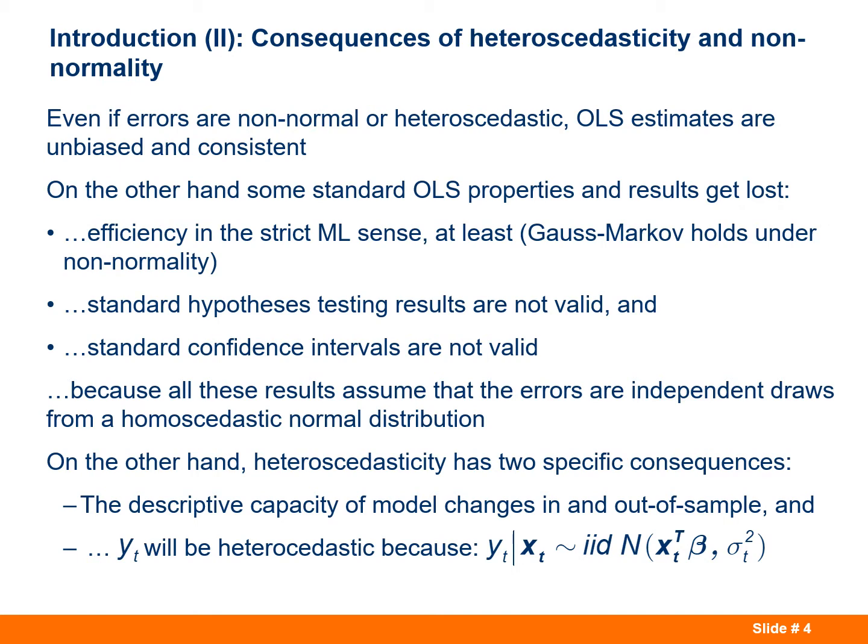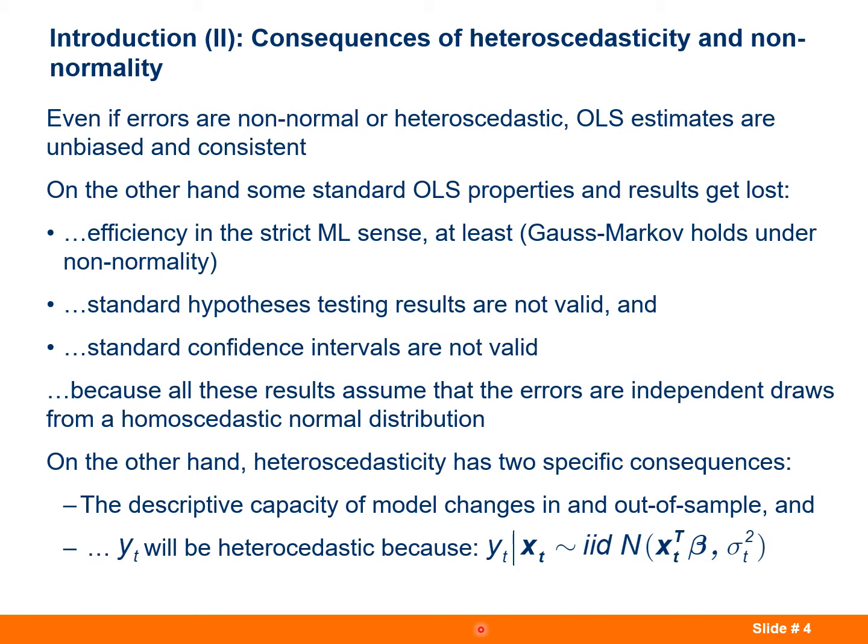This happens because these three results, efficiency, standard hypothesis testing, and the standard confidence interval, assume that the errors are independent draws from a homoskedastic normal distribution. However, when you prove unbiasedness and consistency of the OLS estimator, you are not using these assumptions.